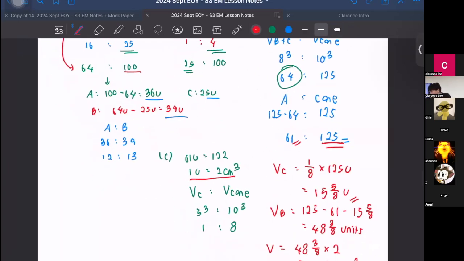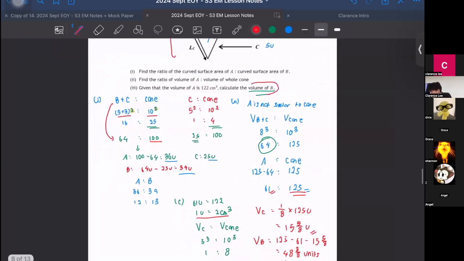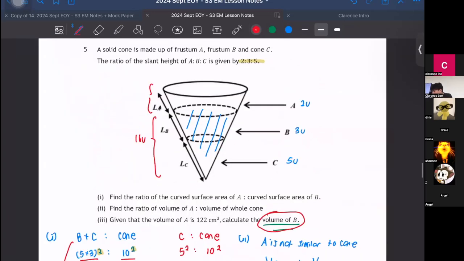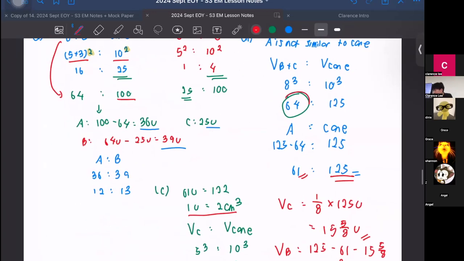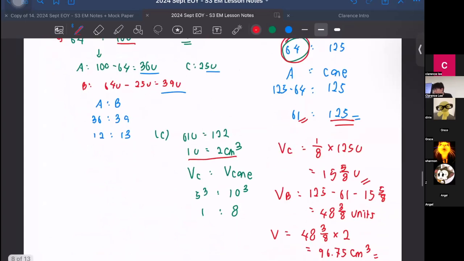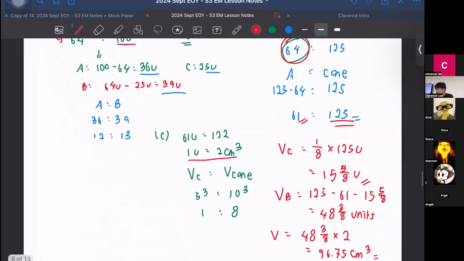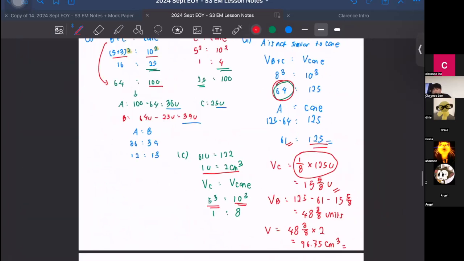Because we need to find the volume of B. B is not a cone, and we know that this portion over here at the top tells me that B plus C is 64 units. So therefore, to find B, you must find the volume of C first, then you take 64 minus the volume of C to find the volume of my B. Okay, so from here, C is a cone, which is why over here you can see that I simplify my ratio. Okay, does that answer your question?